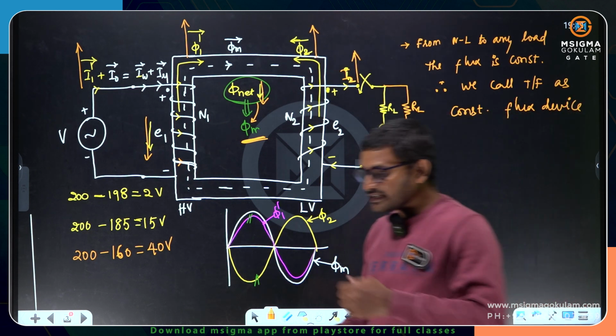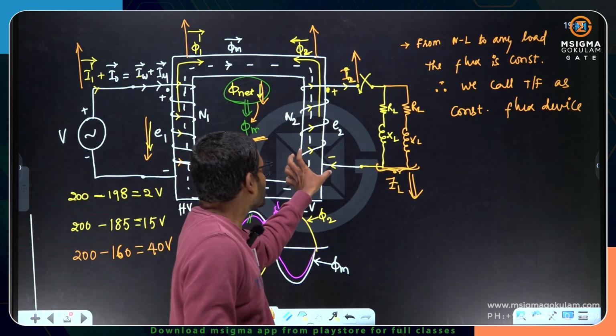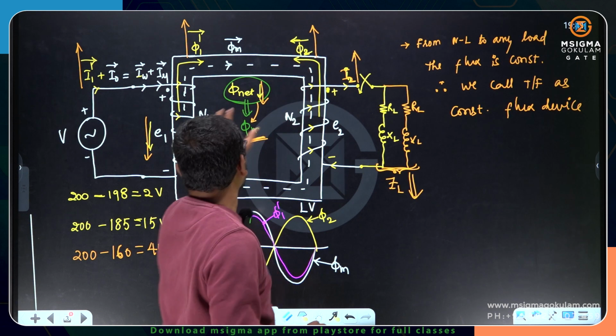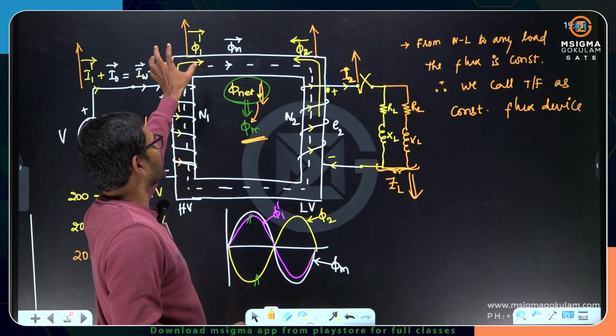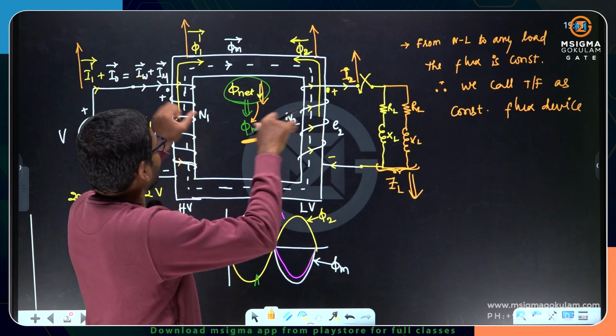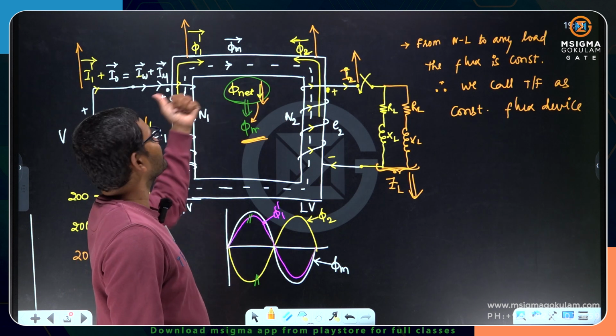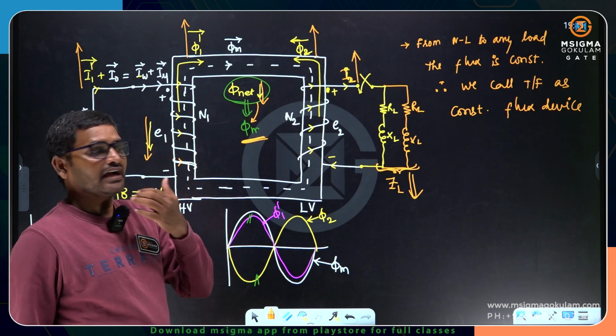Okay, now let us see one more conclusion here. I am saying that the magnetomotive force produced at the secondary and the magnetomotive force produced at the primary are equal and opposite. They are cancelling. So here I am saying that phi 2 and phi 1 dash are equal and opposite. How can I write that?